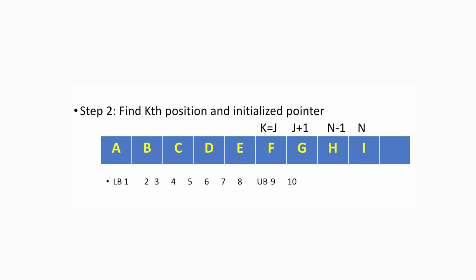Now F will be replaced by G, G will be replaced by H, and H will be replaced by I. It means one by one all successor node items will be shifted to the predecessor node. F is replaced by G, G by H, and H by I, like that.